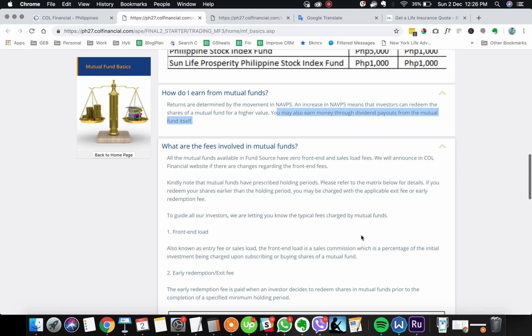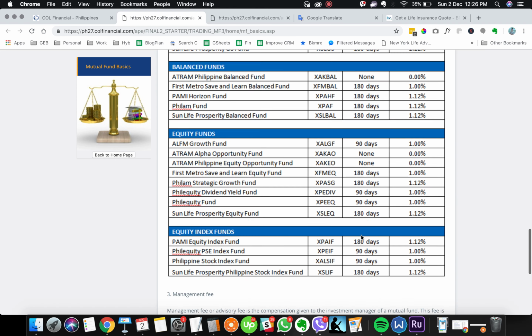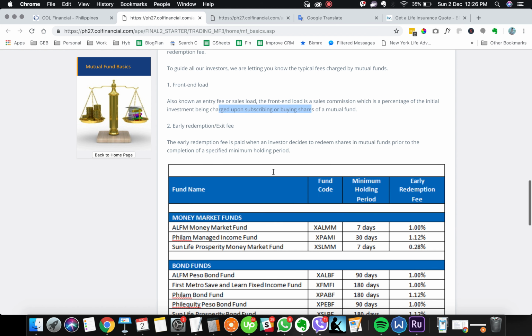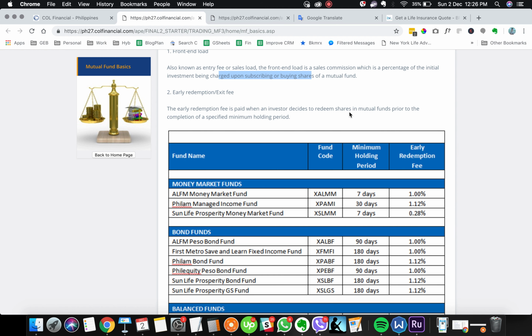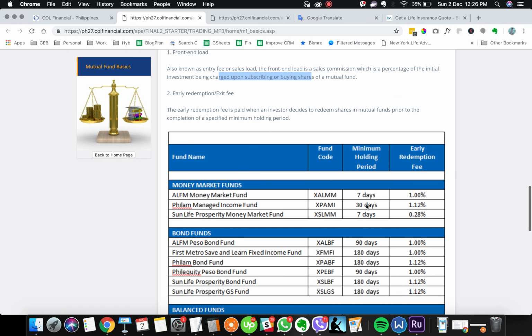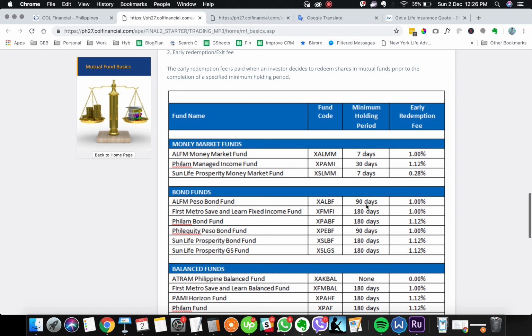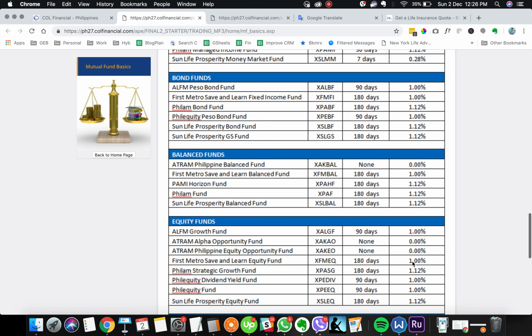And then what are the fees involved? Just three simple statements here. Number one is front end loads. Every time you buy, there's a front end load charge upon subscribing or buying shares. Number two is early redemption. If you sell or redeem your fund before the holding period, there may be a charge. There's a percentage stated.